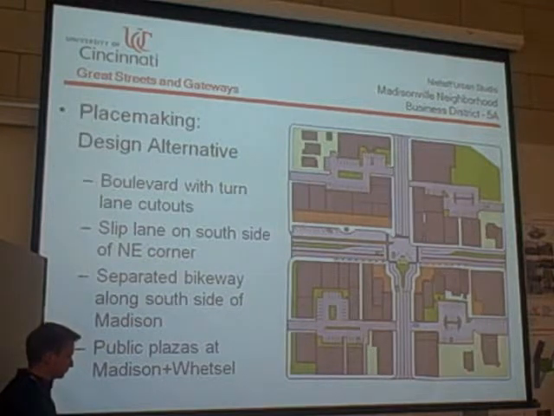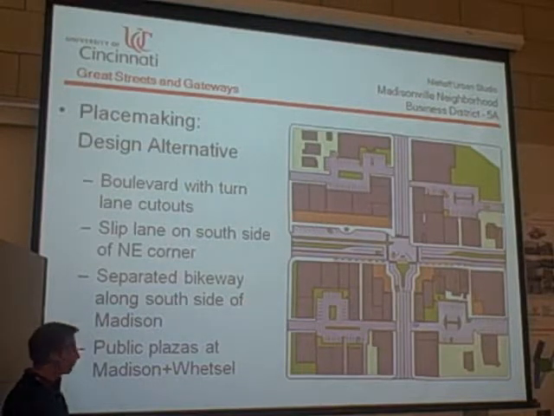The other scheme that we looked at is placemaking. Currently, there's a movement toward form-based code design, and obviously backed by the city of Cincinnati to investigate ways that Madisonville can promote form-based code, educate their residents, and use it as a viable alternative for revitalizing the neighborhood business district.